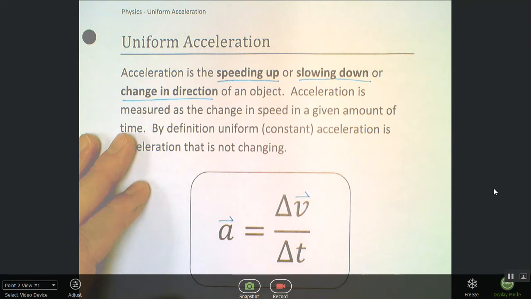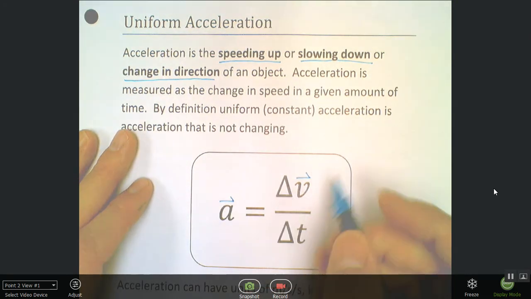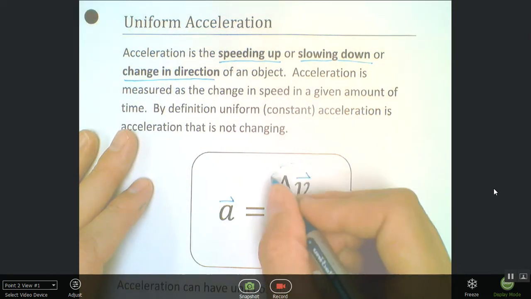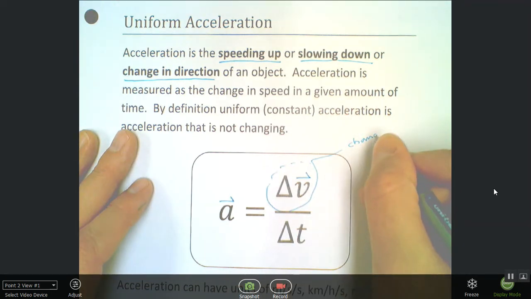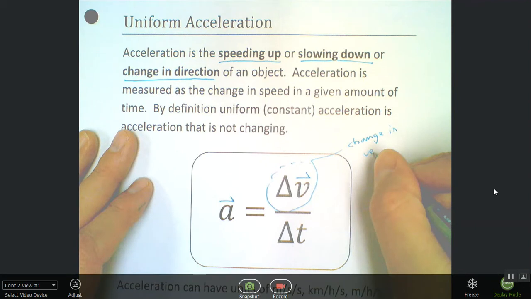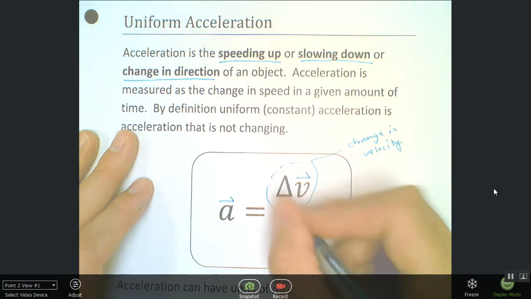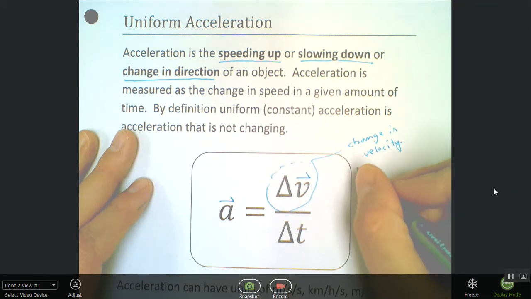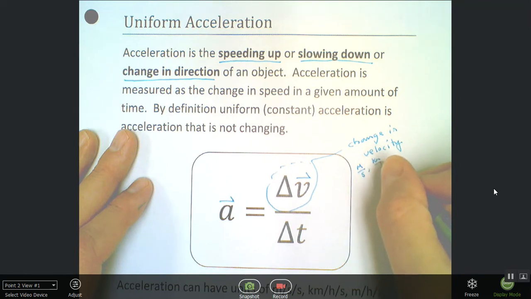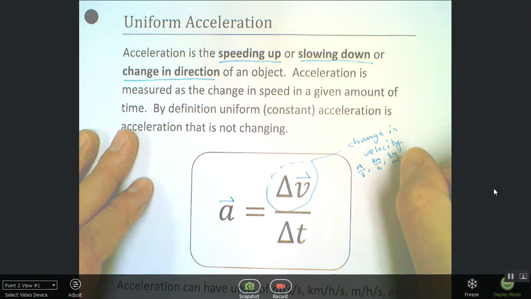You can see it here. Acceleration is the change in velocity divided by the change in time. This term here represents the change in velocity, okay? And because it has directionality, its units could be meters per second, kilometers per hour, kilometers per minute, any unit that's distance over time.